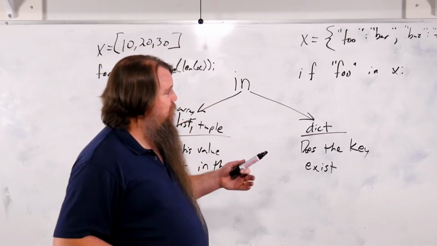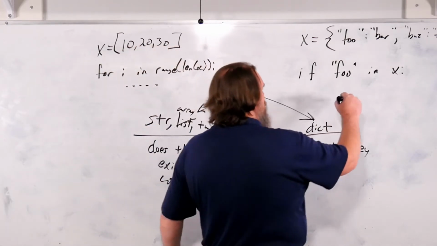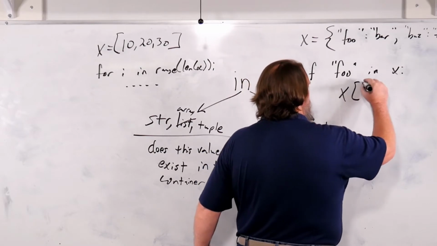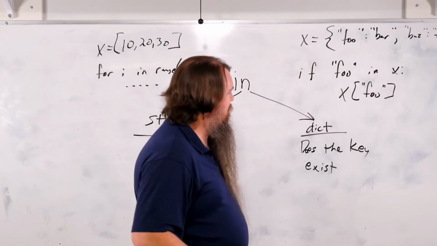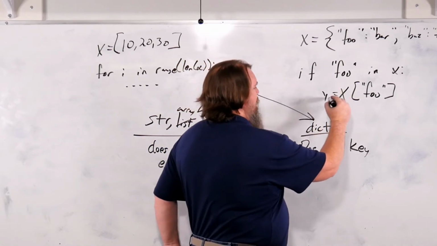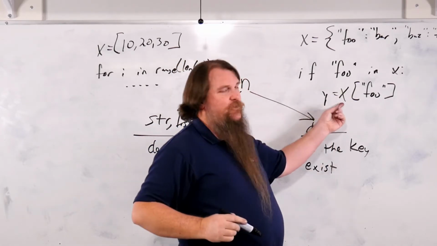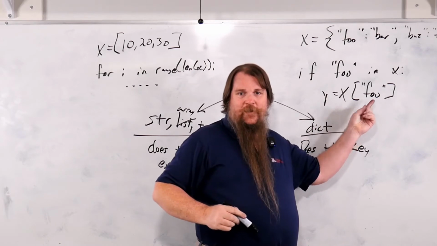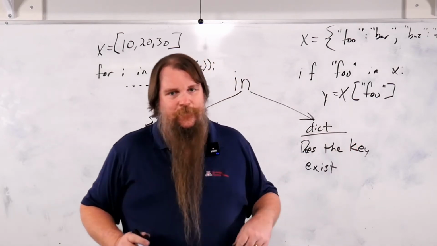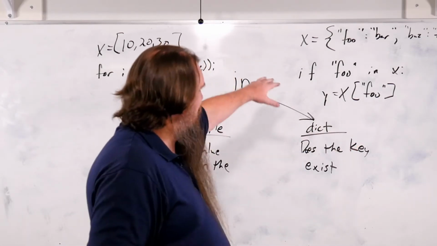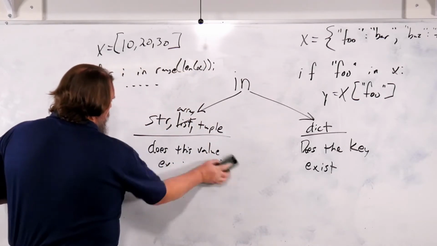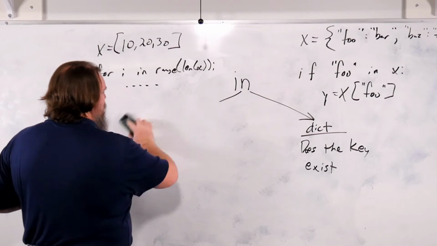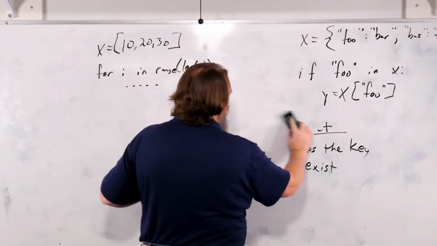This is very important because you know that if you do X foo, but if that key does not exist, like if you say Y equals X foo, then you will get a key error if foo does not exist. So this is classic of, say you want to populate something. Say you want to populate a dictionary with a whole bunch of words.